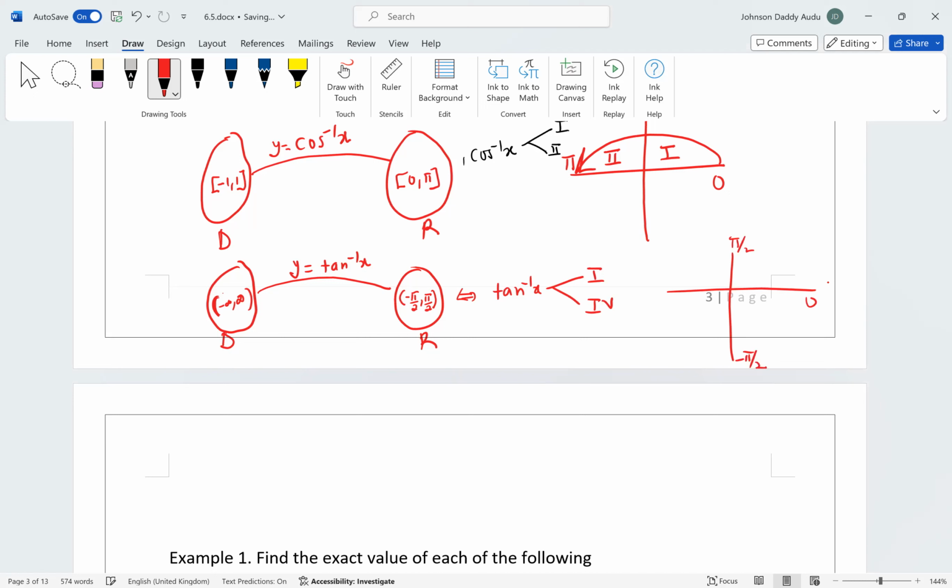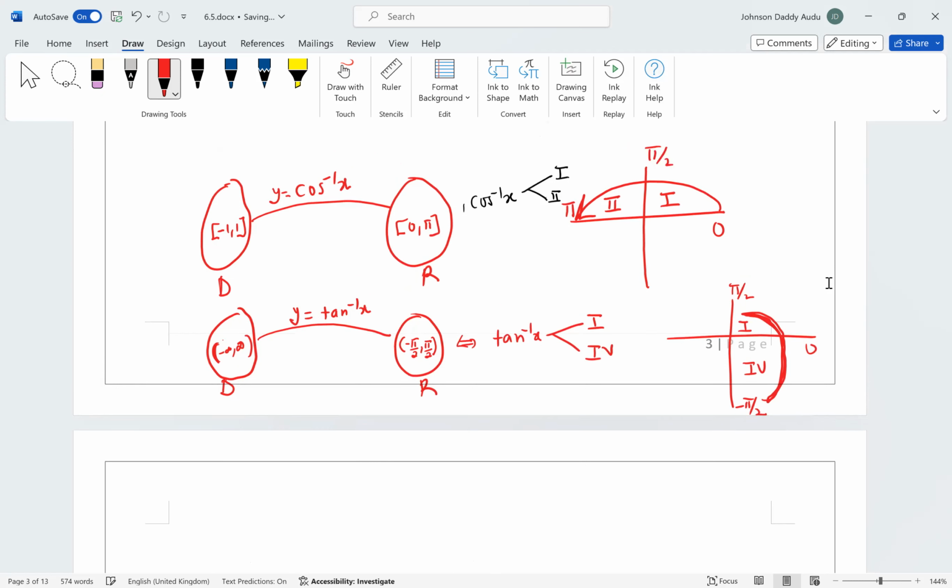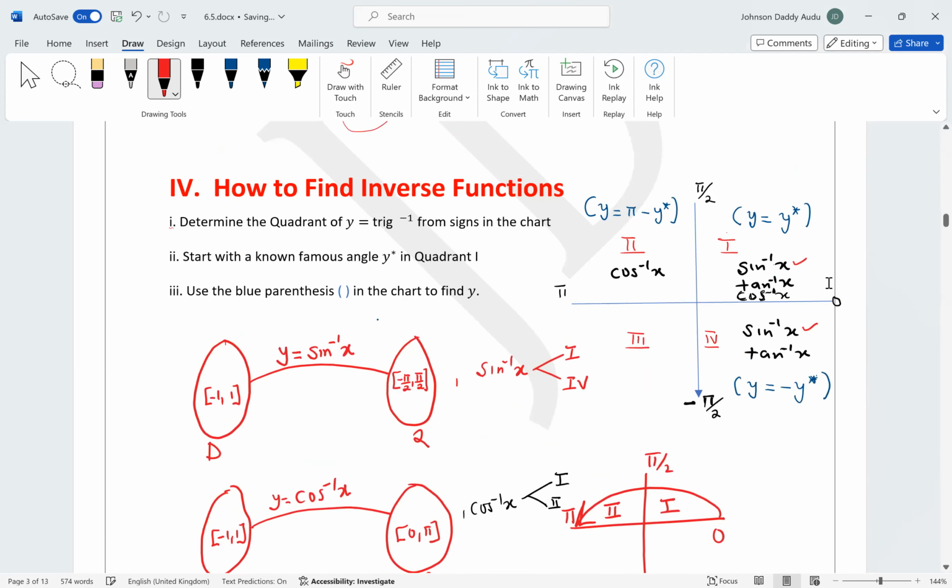So between minus pi over 2 and pi over 2, you are somewhere around here. So it's either in the fourth or in the first. And that is why in this chart we have tan inverse either in the fourth or in the first.